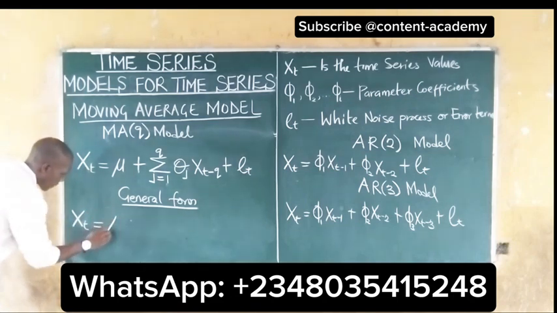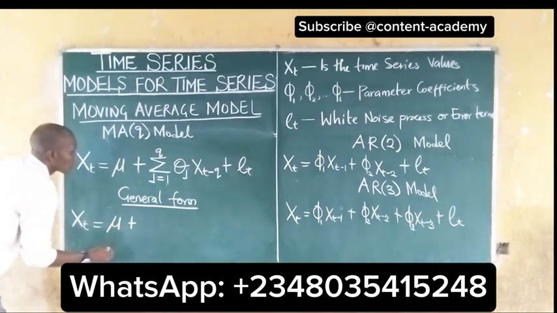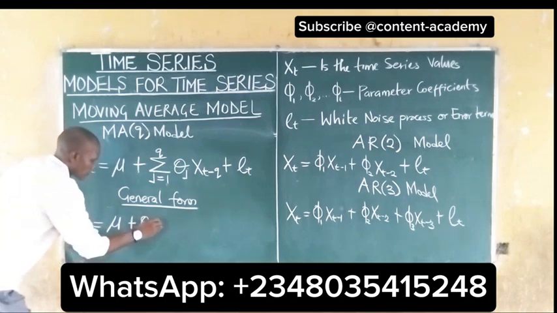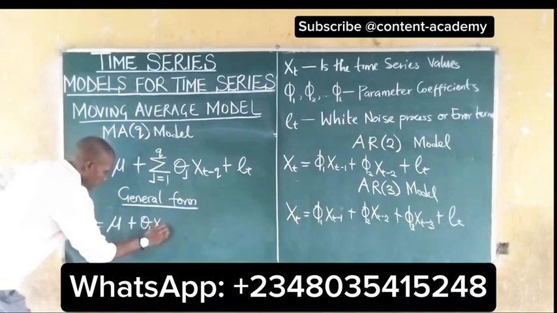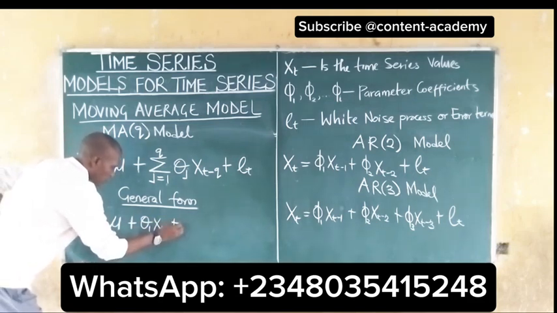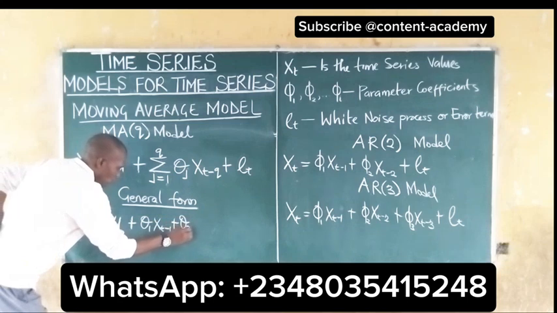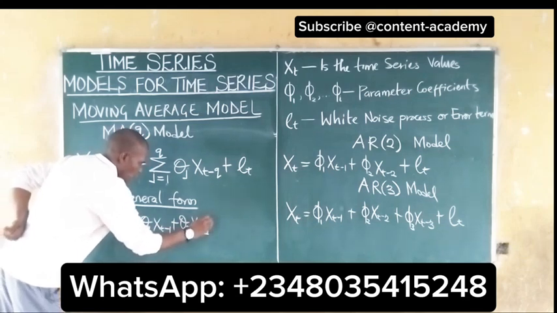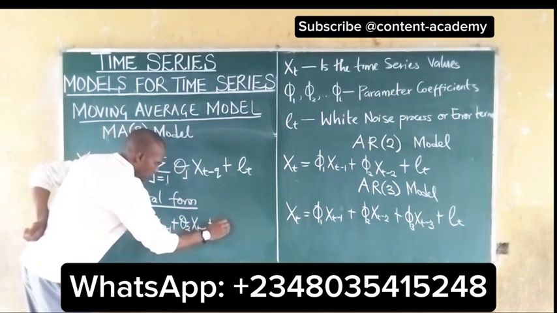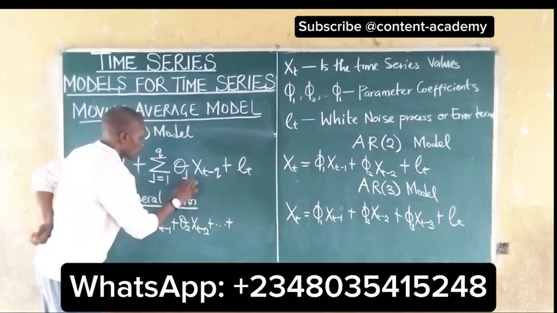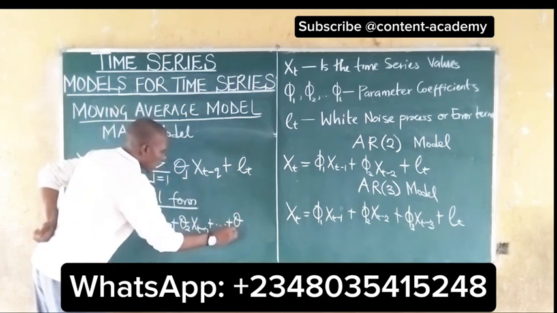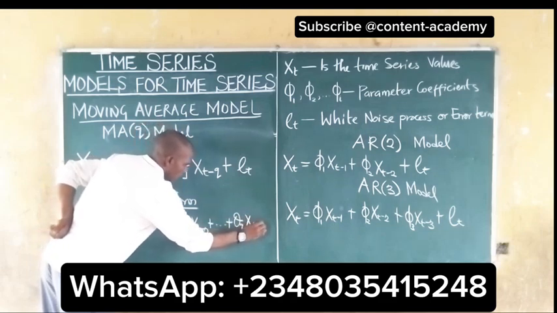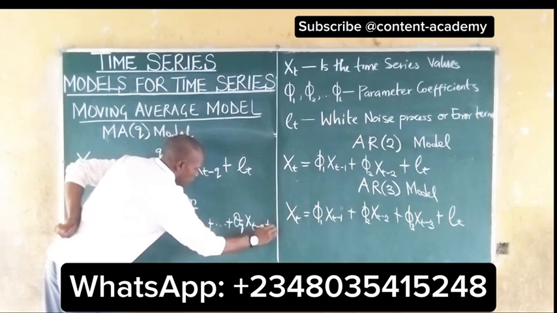So we have mu plus theta 1 x t minus 1 plus theta 2 x t minus 2 plus, up to, theta q x t minus q plus et.